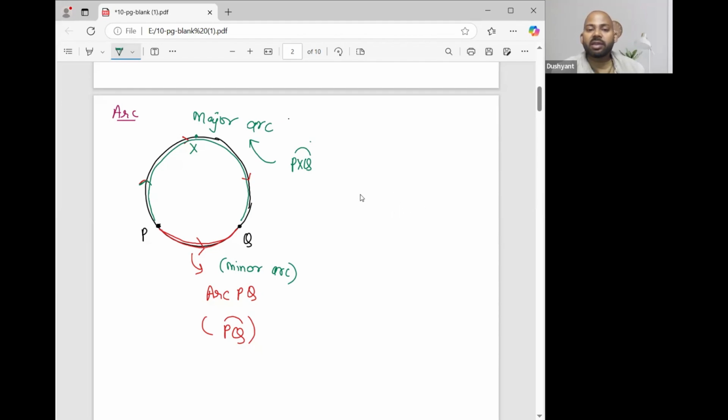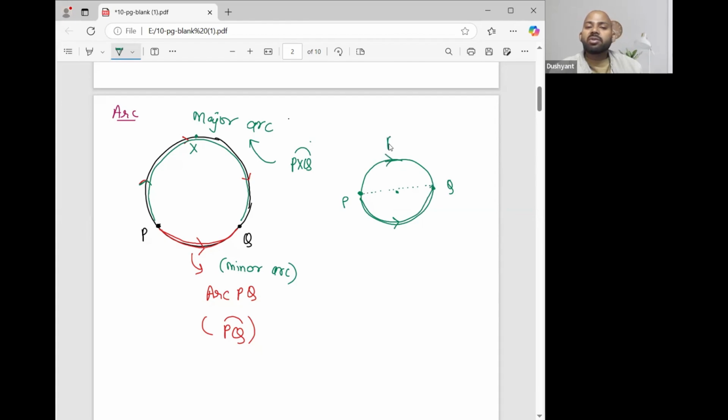If I have two points that are the endpoints of a diameter, in that case, no minor, no major. Either you can take it as a minor or you can take it as a major, but it is going to be my semicircle. So P and Q are the endpoints of the diameter, and you can take either this one or this one, both will be the same.